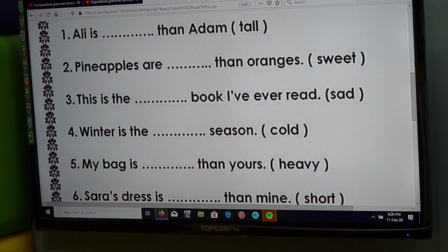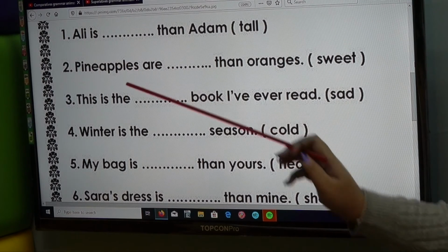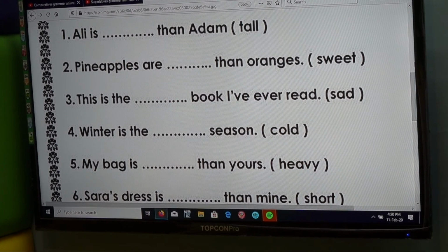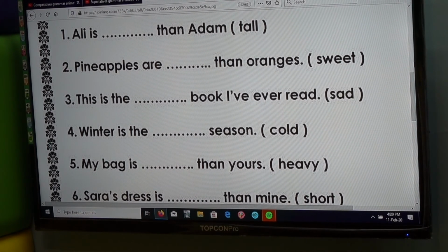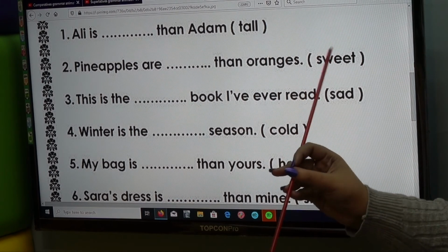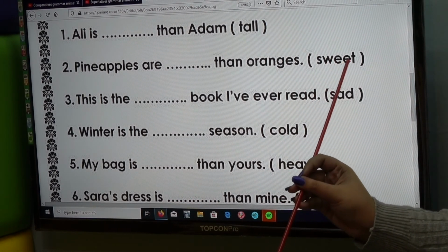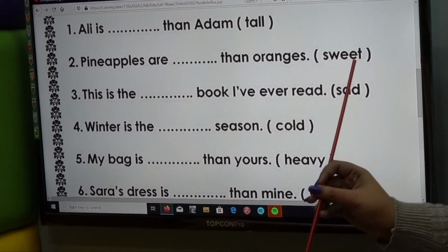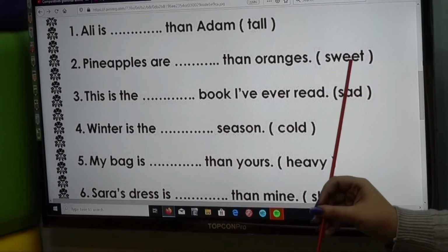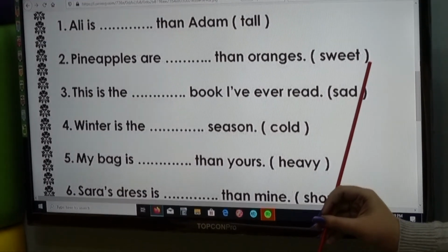So pineapples are what than oranges? For 2 kinds of things, we use superlative or comparative? Comparative. Yes, we use comparative. So there are 2 vowels and a consonant. So we just add ER. Okay?